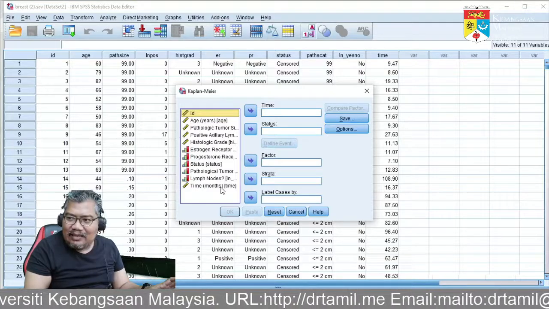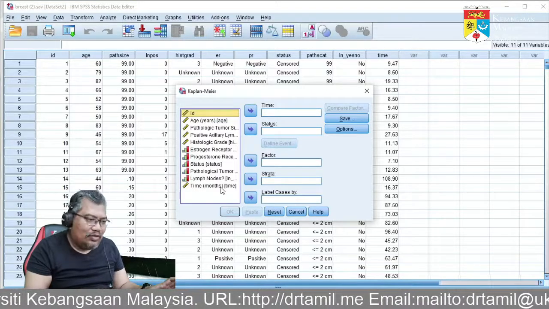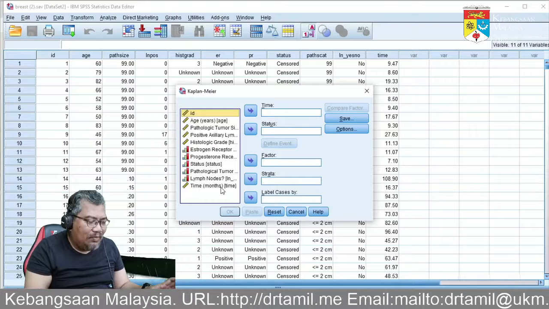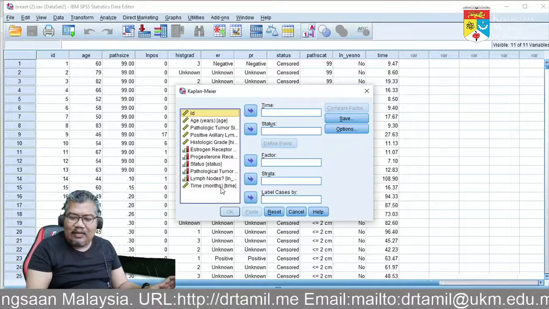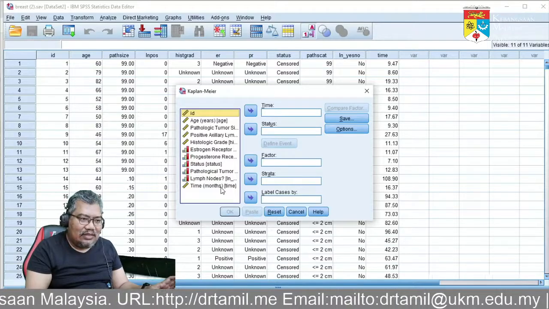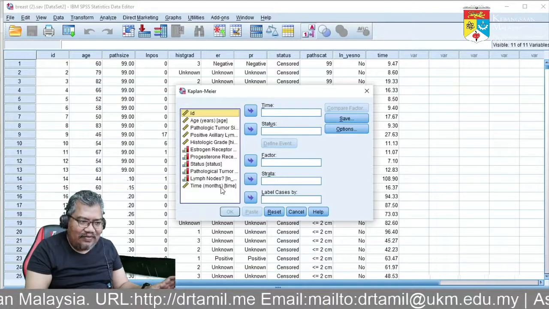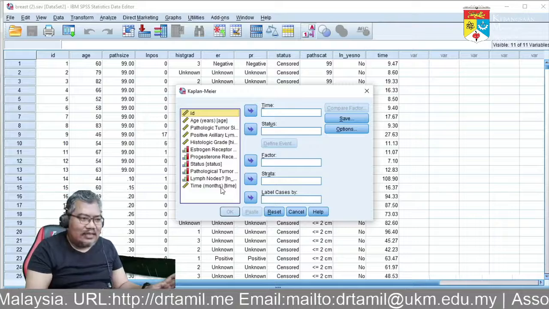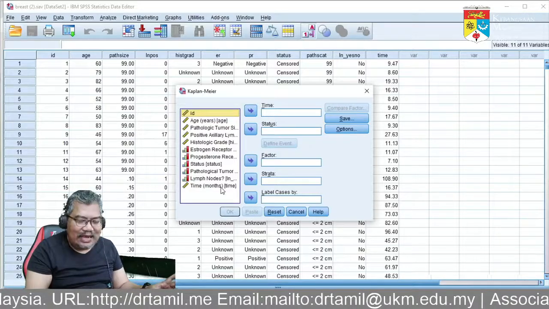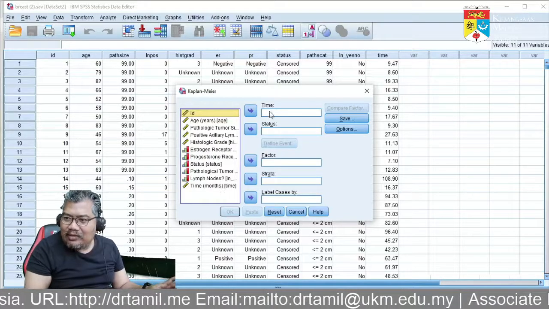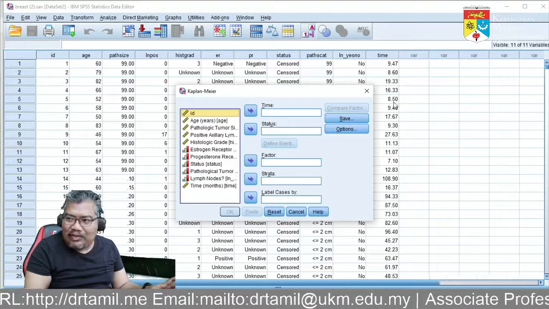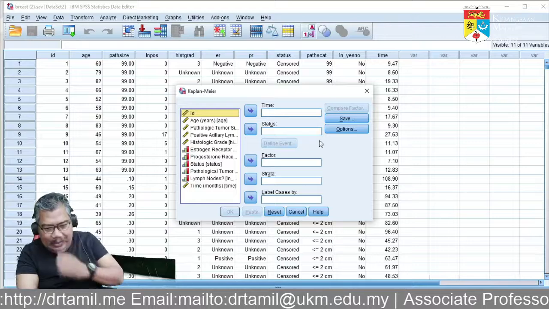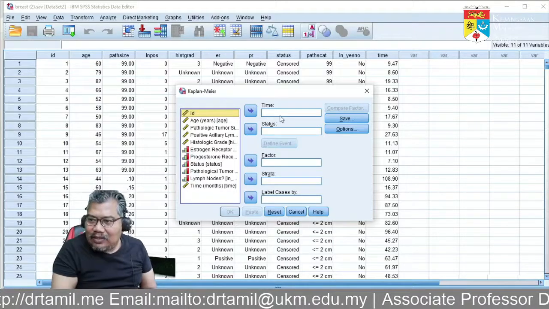By right, the duration of time should not have decimals. Why? Because you saw how the survival function is calculated. For the survival function to be calculated, the duration should be a round number. So that is the only problem with the data set. The survival time is not a round number; it is continuous data.